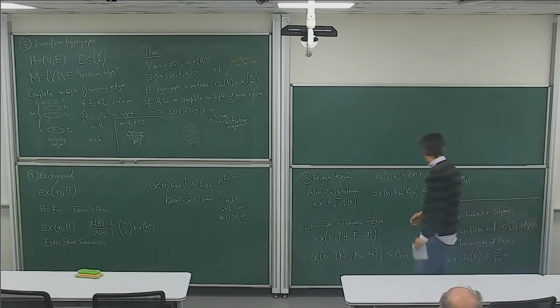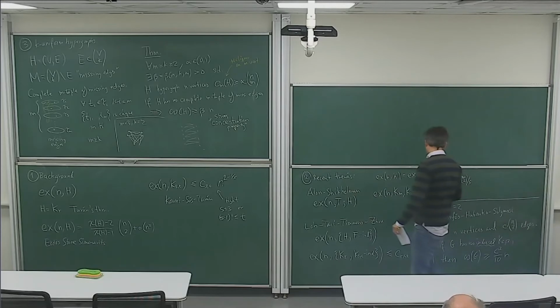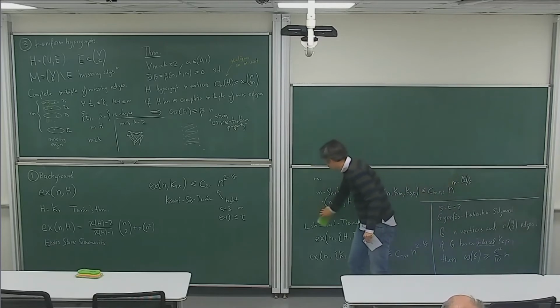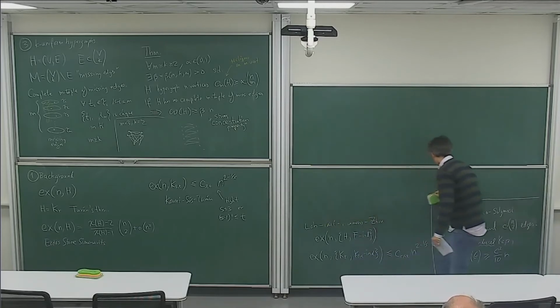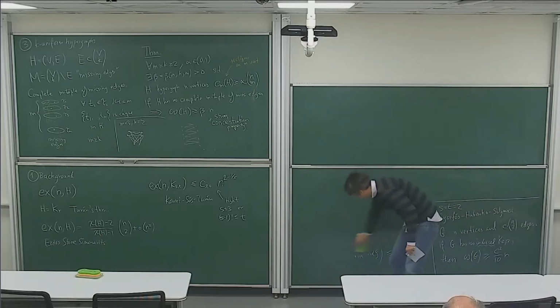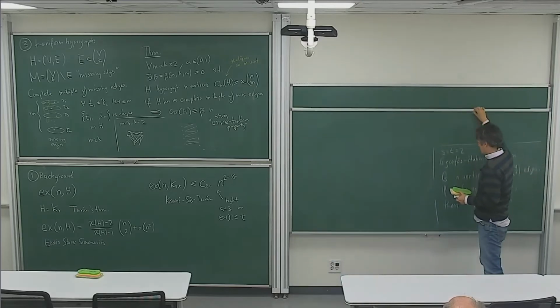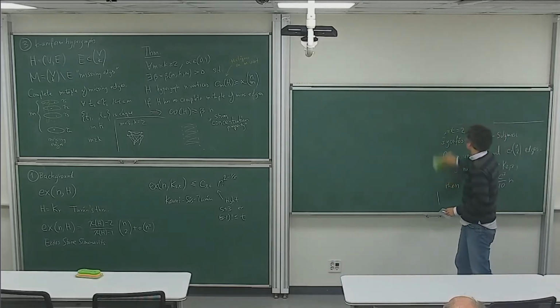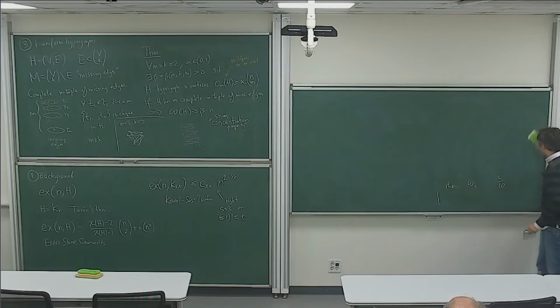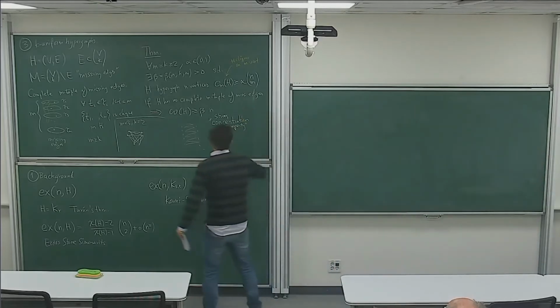So I kind of had a diagram I wanted to draw up here. It would be too much to point out all the reasons why we are interested in this strong concentration property.